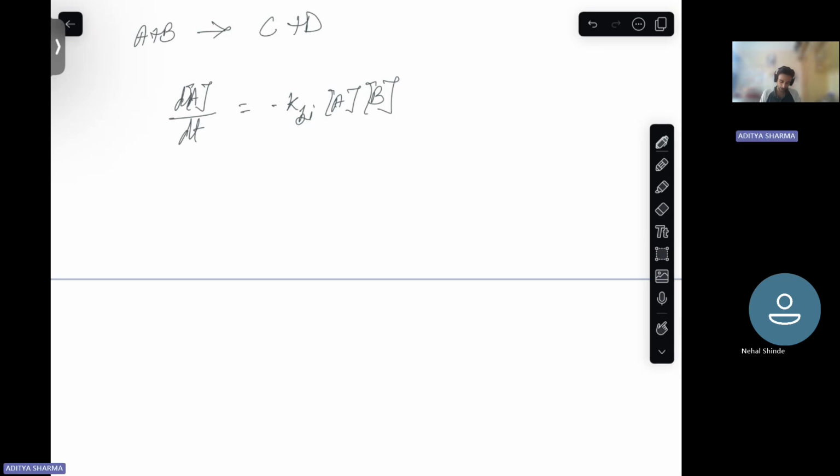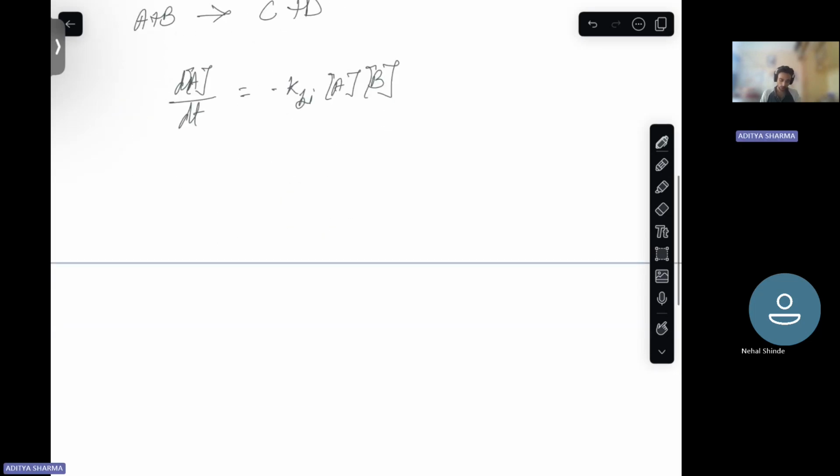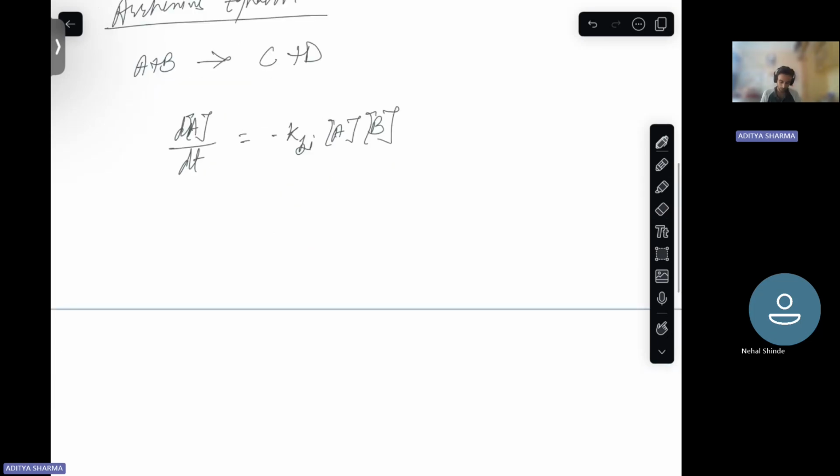But then the rate coefficient, what we can do through your Arrhenius equation. Sorry, I have written reaction. It will be equation. So using this Arrhenius equation, you can define the rate coefficient.